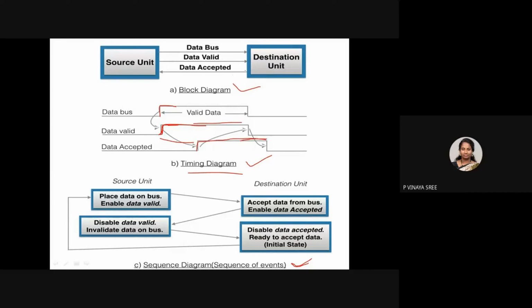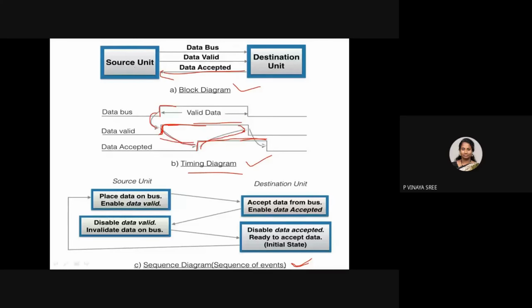Once the destination gives a reply that the data has been accepted, see here, this is the sequence. Upon receiving the data accepted signal from the destination unit, what does the source unit have to do?